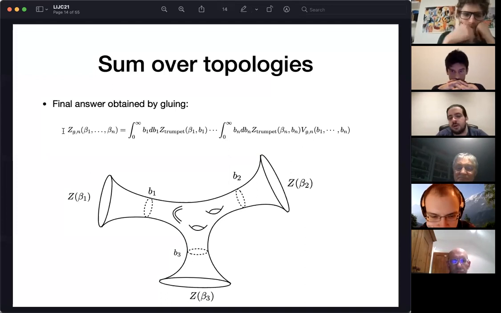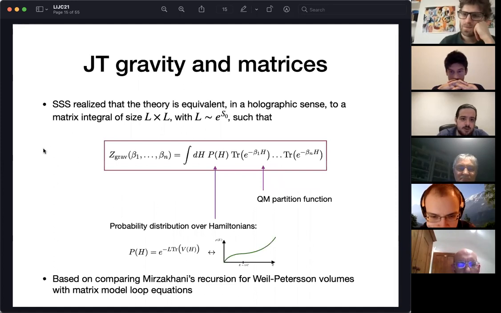So you can compute exactly any quantity you want of this pure gravity theory. Okay, so Saad, Shenker and Stanford, besides solving the theory, realized that it's equivalent to a matrix integral. So on the left-hand side here, we have the gravitational calculation I just described.